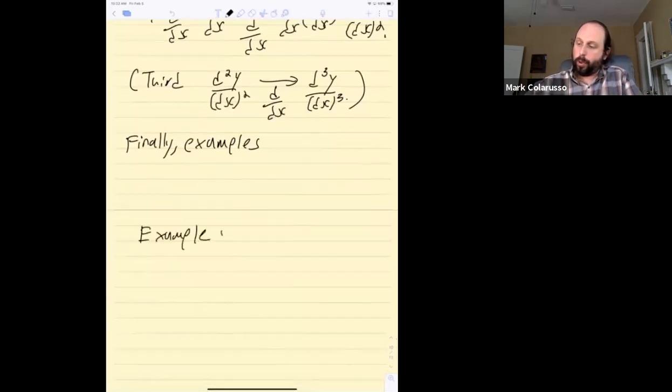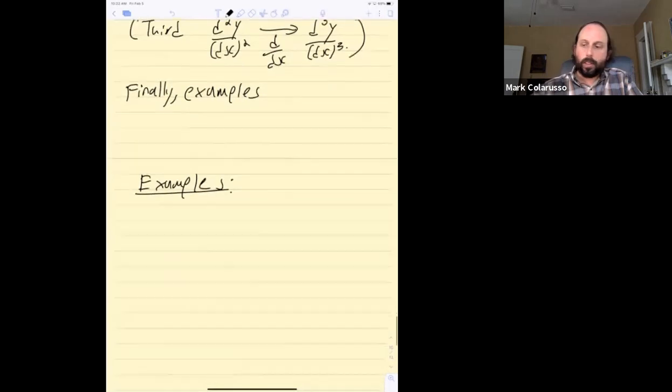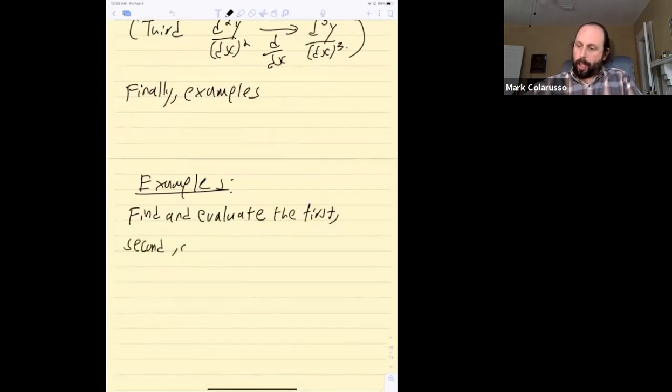So it needs a new crisp page here, virtual page. Okay, so find and evaluate the first, second, and third derivatives at a given point.